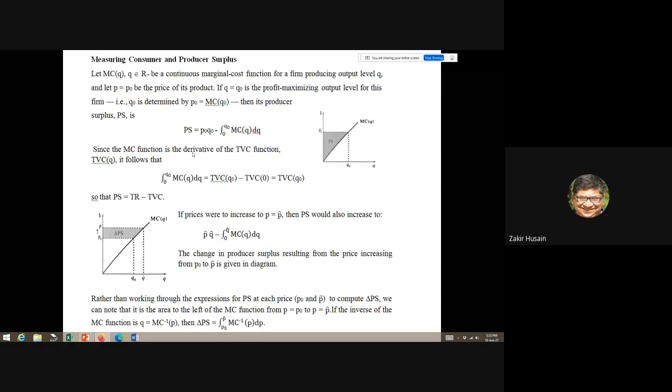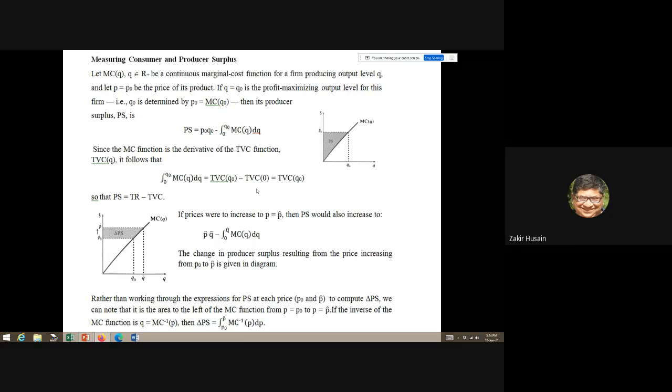Now, since the marginal cost function is the derivative of the total variable cost function, the integral of MC(Q) from 0 to Q0 is equal to the total variable cost evaluated at Q0 minus TVC evaluated at 0. And what is variable cost at 0? Variable cost depends on output, so if output is 0, variable cost will also be 0. So we only have TVC evaluated at Q0.